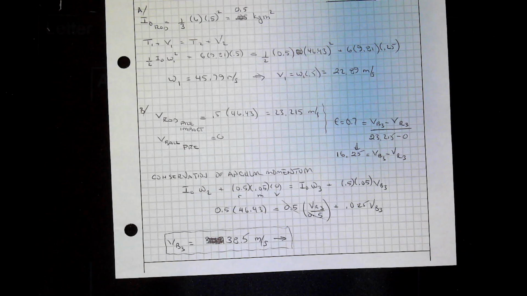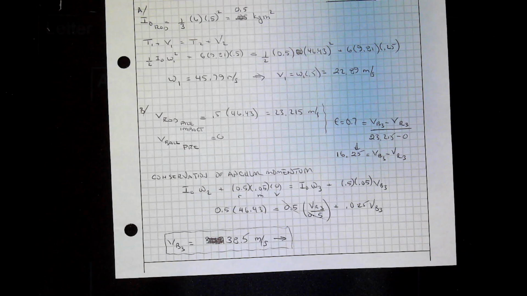So then we go post-impact. All right? So then you'll have IO, which is 0.5, and then you'll have the velocity of the rod at the end divided by 0.5. Okay, I have to have everything in terms of velocities, so rather than put omega in here, I just said what is the velocity at the end of the rod after the impact divided by the radius, and that gives me omega.